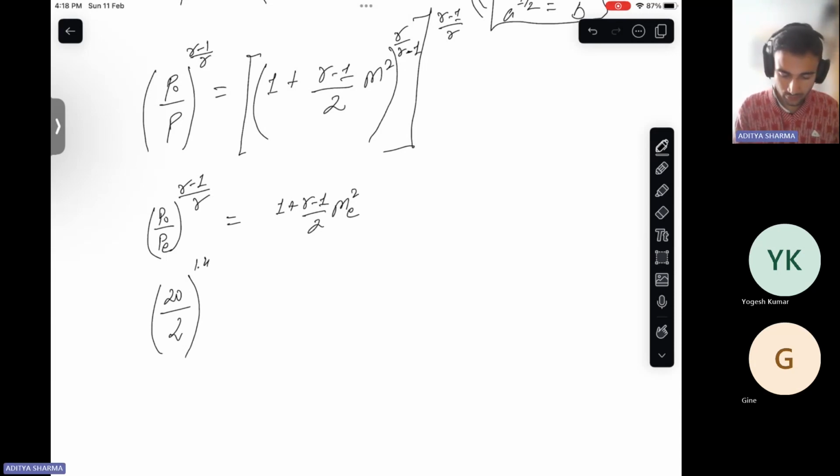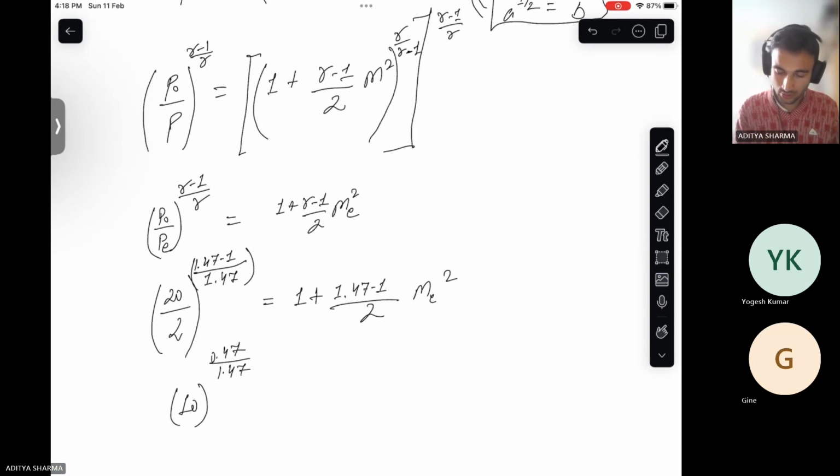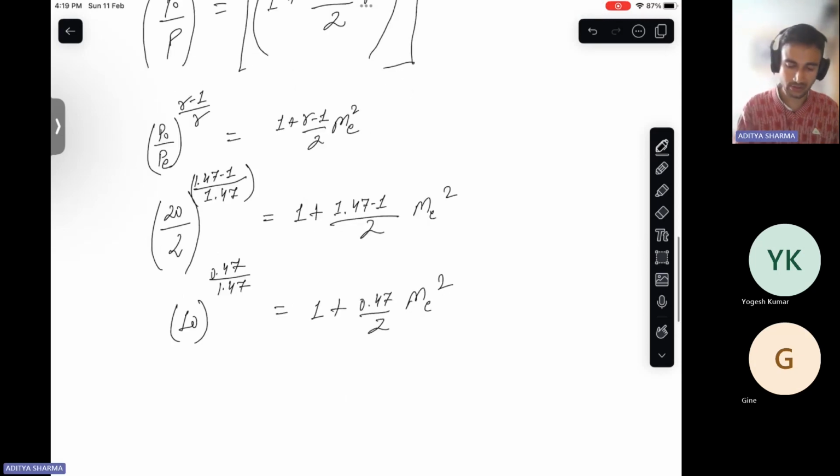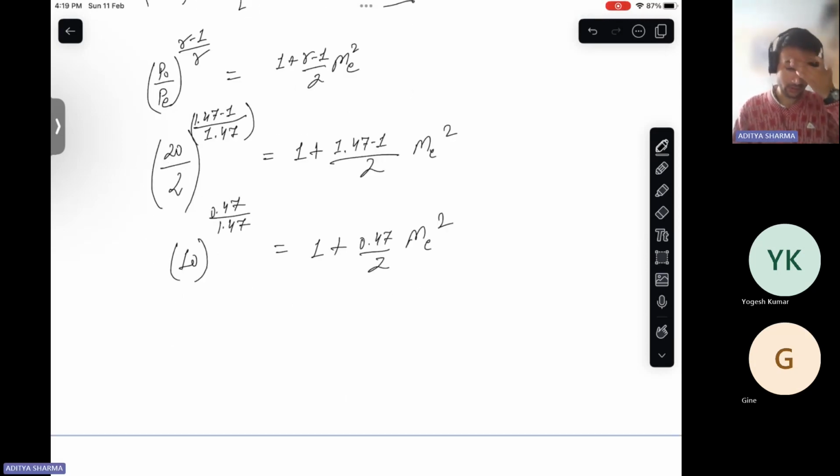So (1.47 minus 1) divided by 1.47 equals 1 plus (1.47 minus 1) divided by 2 times Me square. So this comes out to be 0.47 divided by 1.47 equals 1 plus 0.47 divided by 2 Me square, right? Now just work this out and find Me.